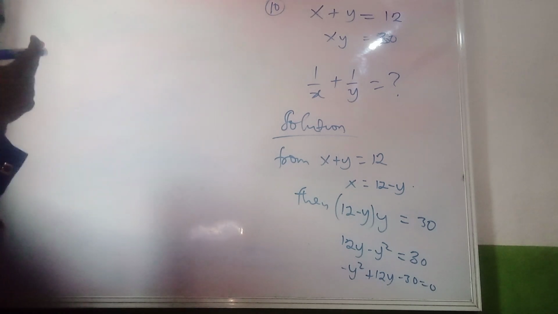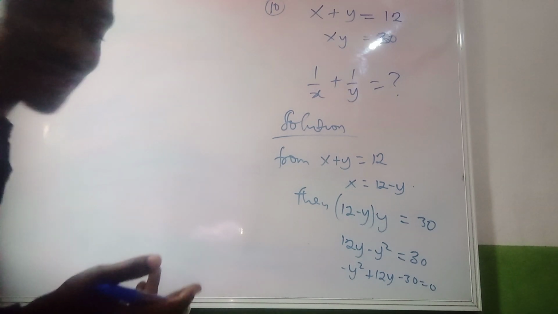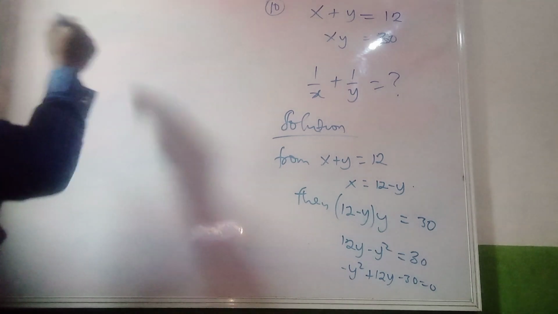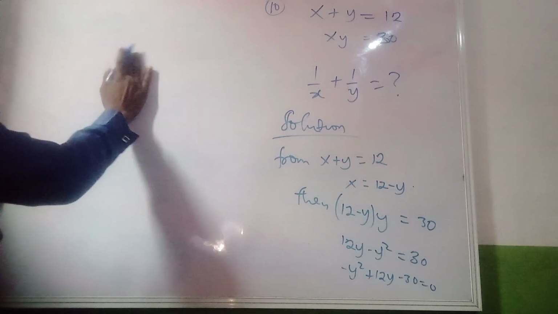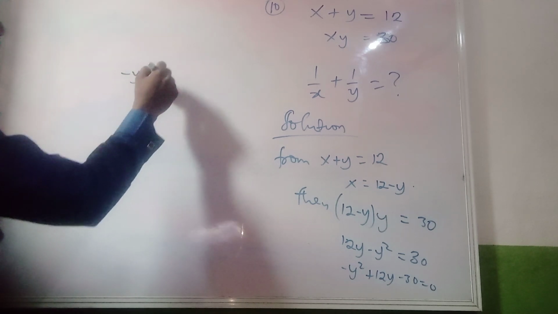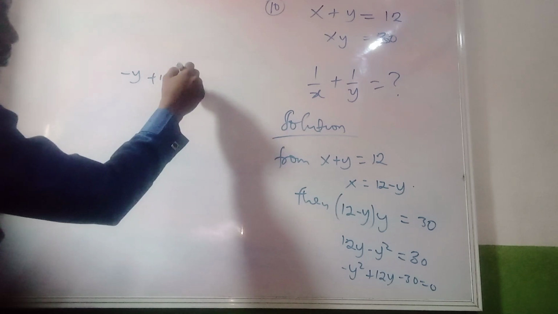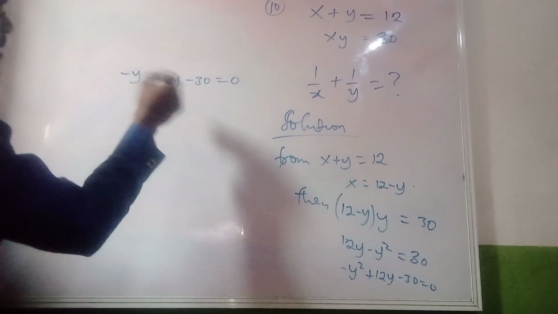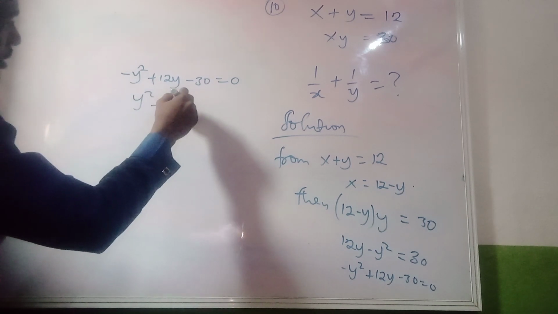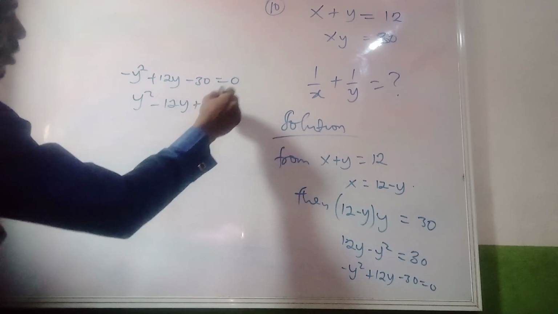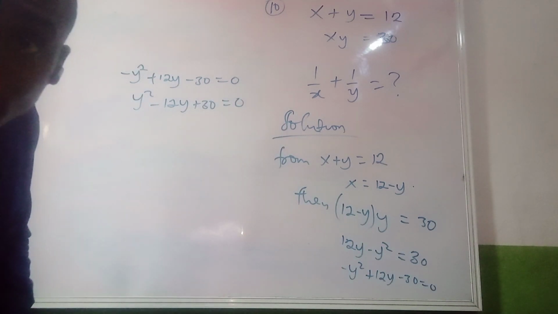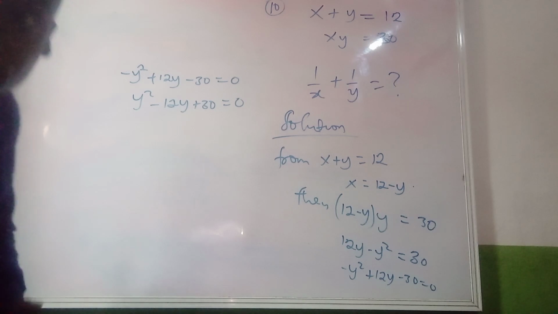So there won't be any need for wasting our time solving quadratics when we have a lot of methods to control quadratics without touching them. Now we have minus y squared plus 12y minus 30 equal to 0, which is the same thing as y squared minus 12y plus 30 is equal to 0. I just multiply through by minus 1.